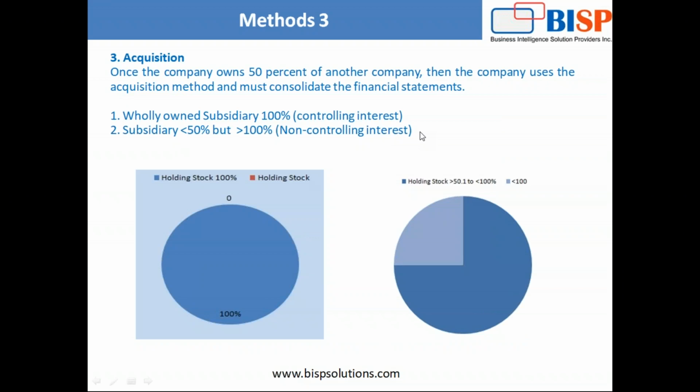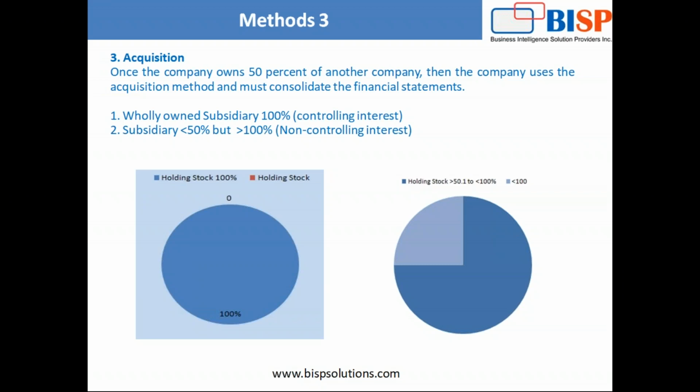In consolidation, the third method is called the acquisition method. Once a company owns more than 50% of another company, it uses the acquisition method, and it needs to consolidate the financial statements along with its subsidiaries. There are two conditions.